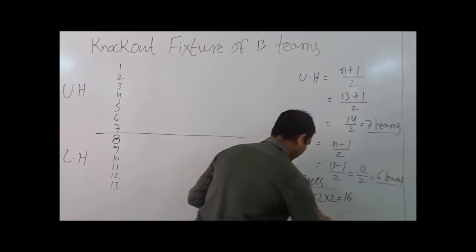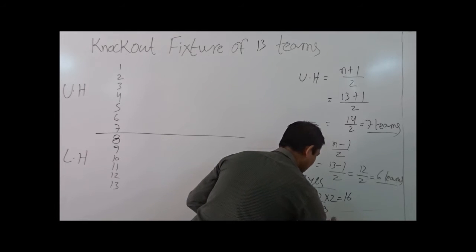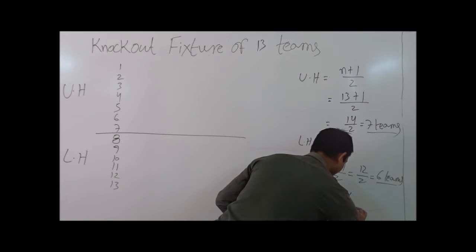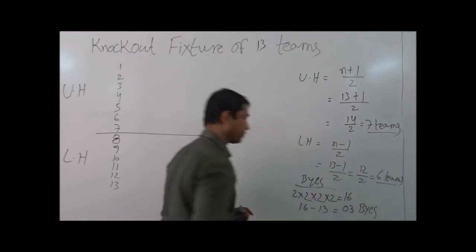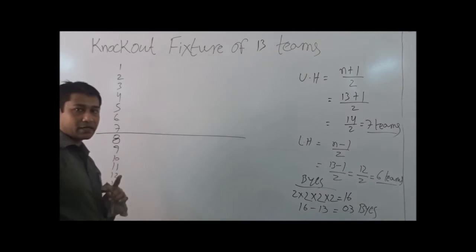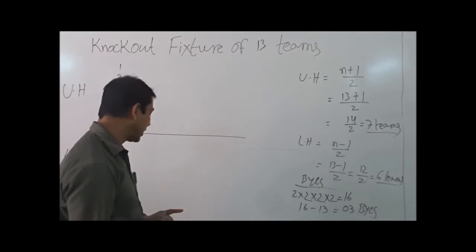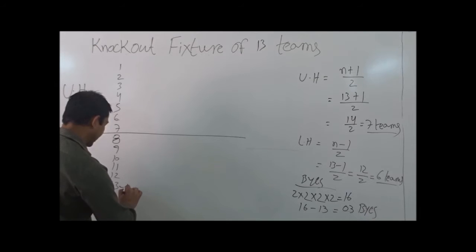So what we will do? We will subtract 13 from 16. We will be getting 3 byes. So as per rule, always the first bye is given to the last team of lower half, that is 13.